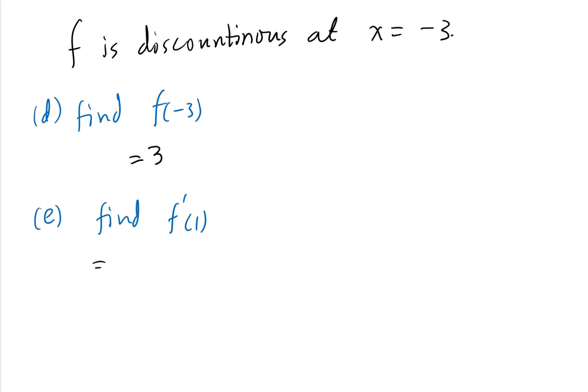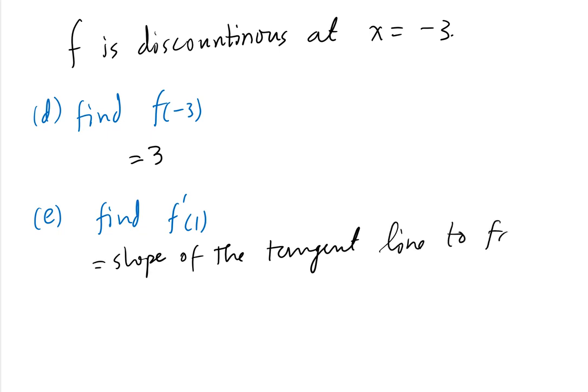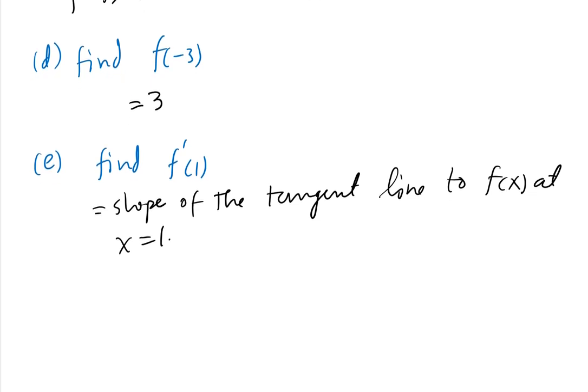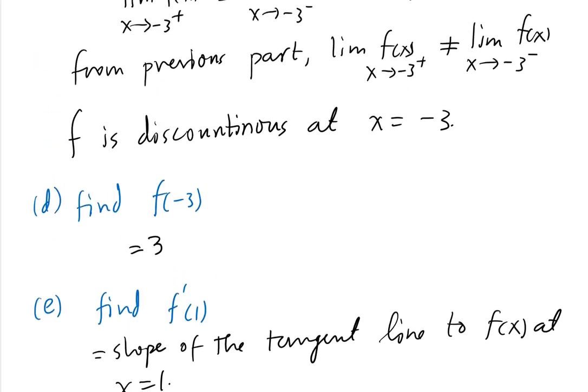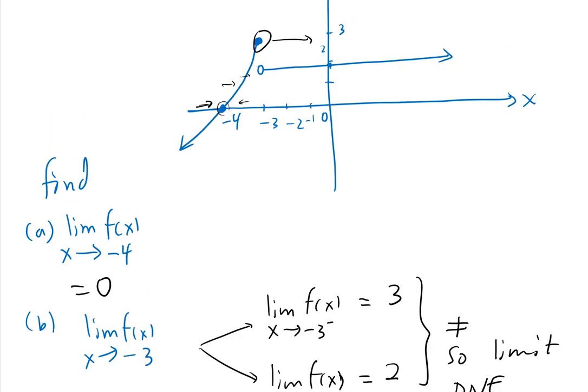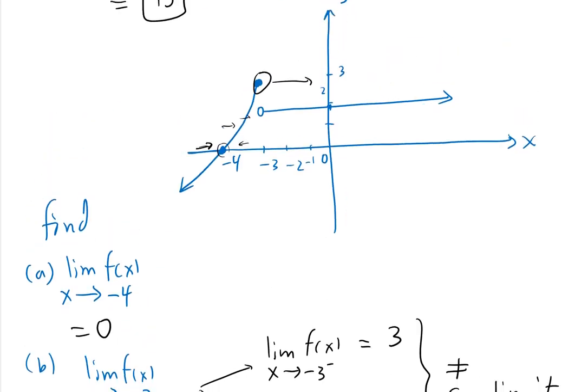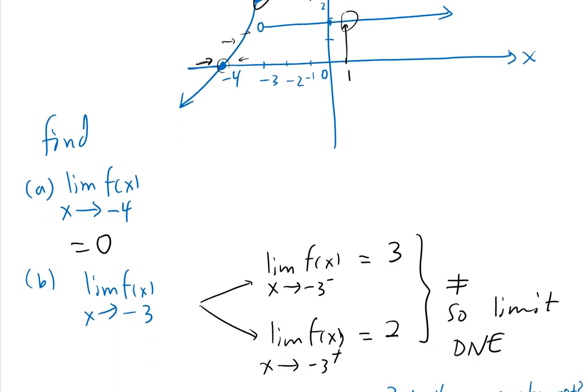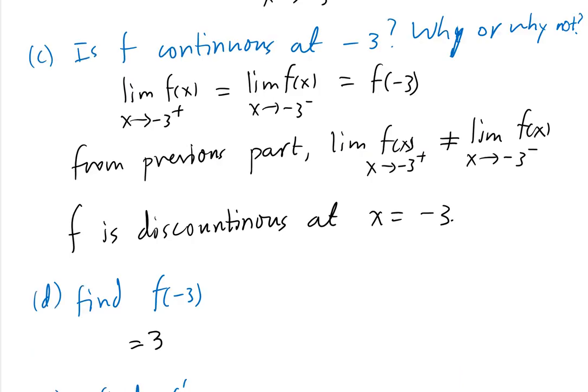This is asking us what is the slope, because the derivative at the point means the slope of the tangent line to the function f of x at x equals 1. So f prime at 1, what's the slope of this line at that point? The slope is 0.